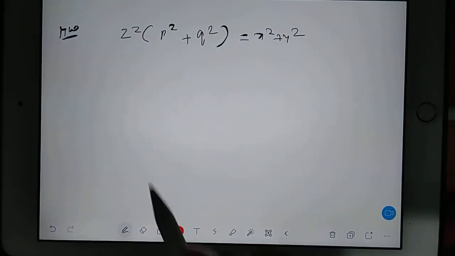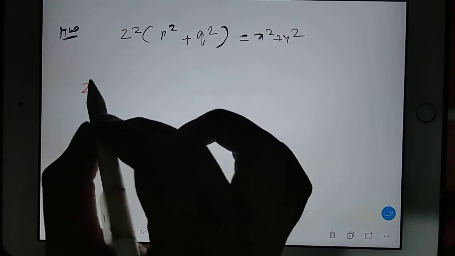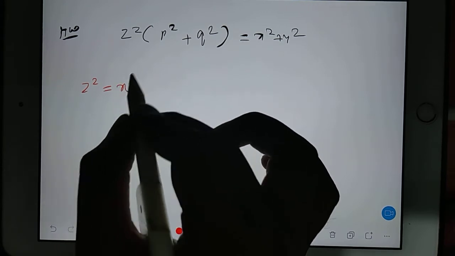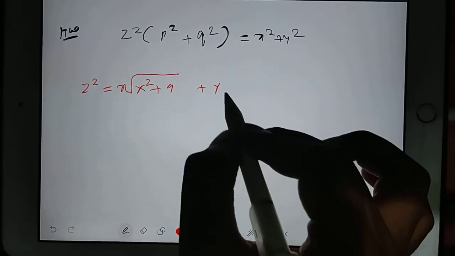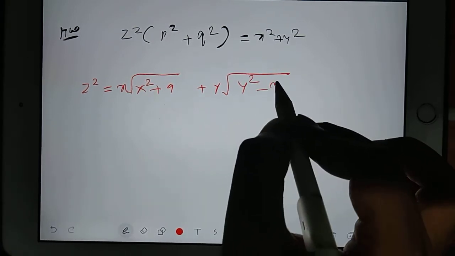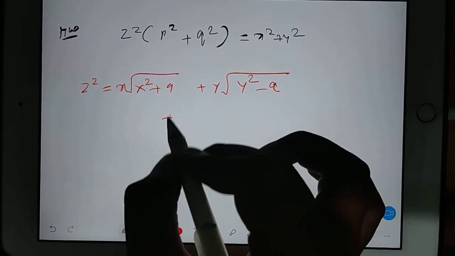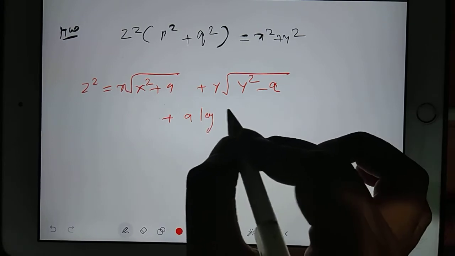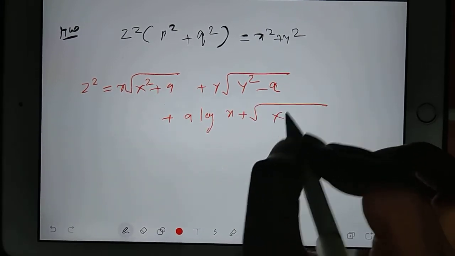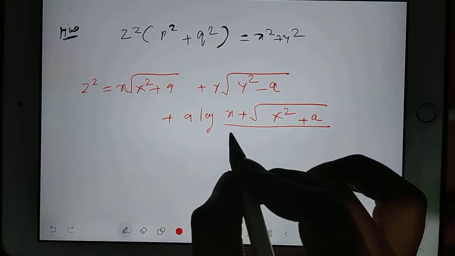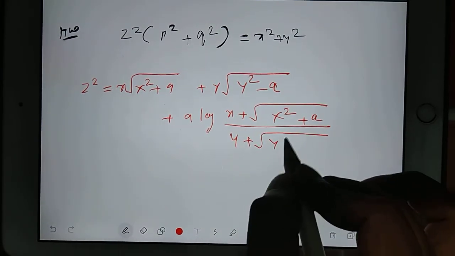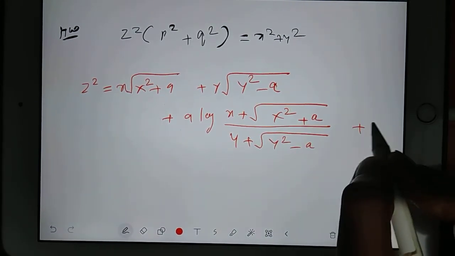When you solve this, your answer will come as z square is equal to x under root x square plus a plus y under root y square minus a plus a log x plus under root x square plus a whole divided by y plus under root y square minus a plus 2b.